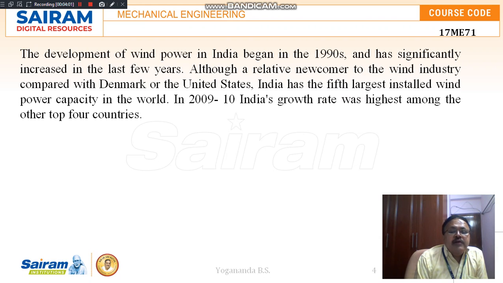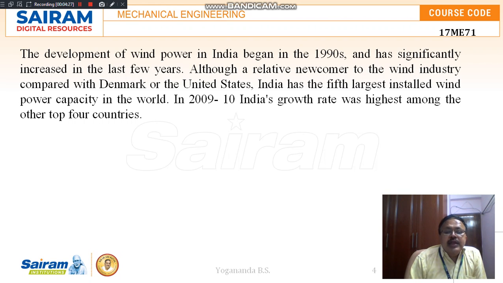The development of wind power in India began in the early 1990s, and it has significantly increased in the last few years. Compared to Denmark or the United States, India has the fifth largest installed wind power capacity in the entire world.